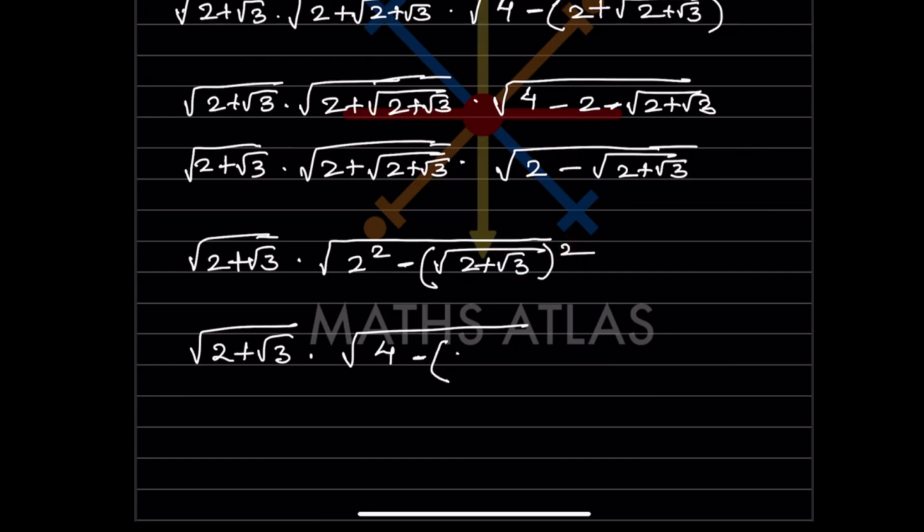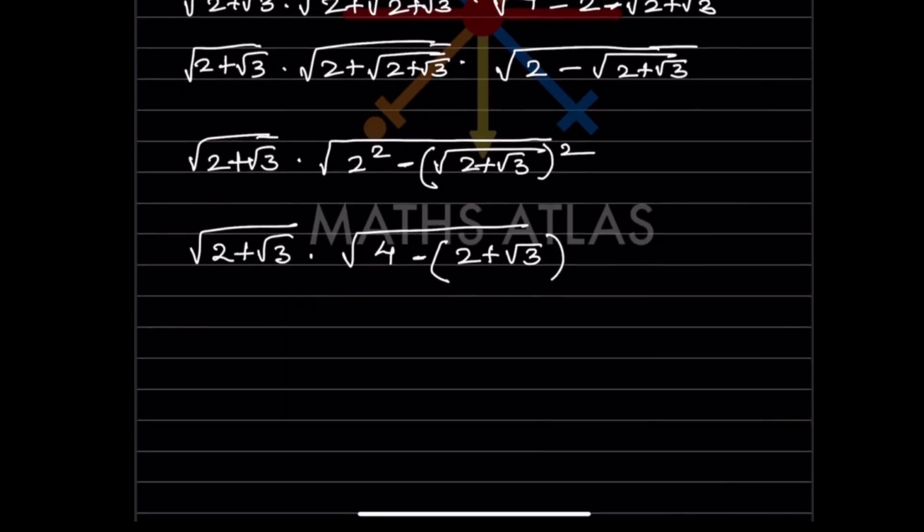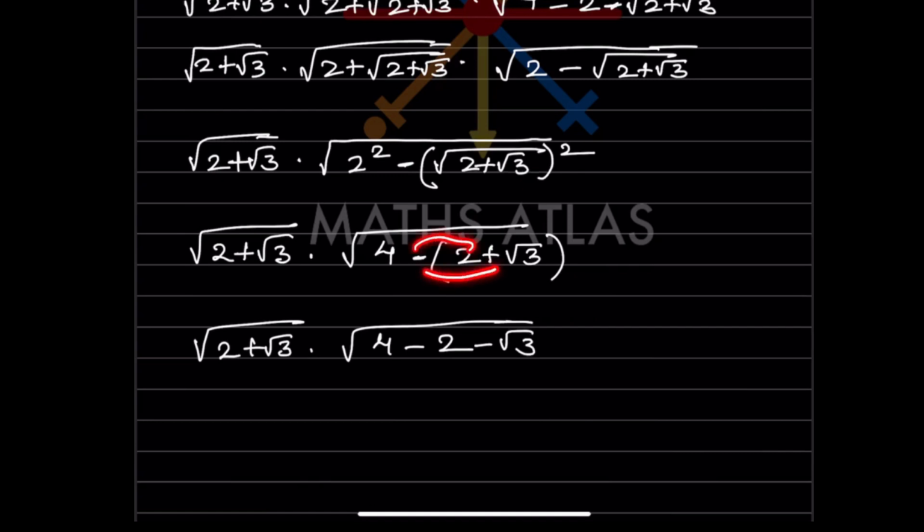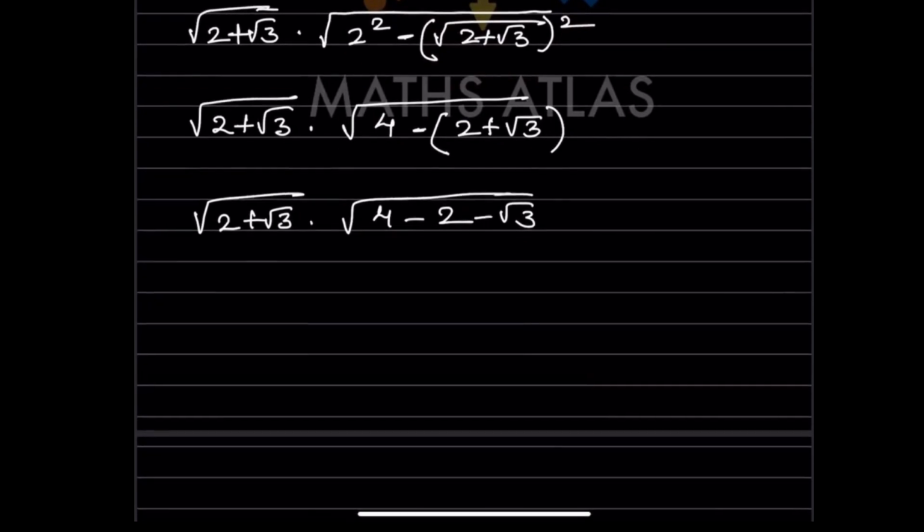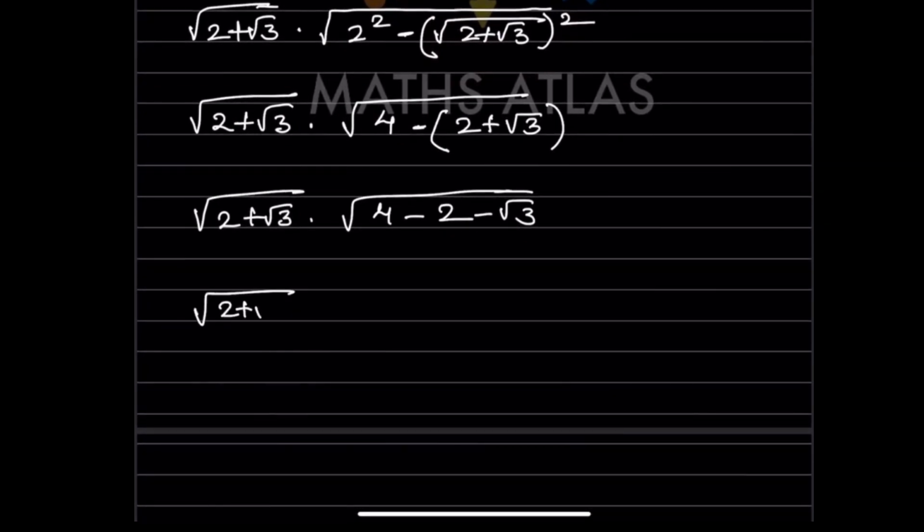So it should be 2 plus root 3. So now let us write this one, 2 plus root 3. And here what we can do, we can write it 4. Now let us remove the bracket, minus root 3. Because this part. So now let us write again. So what will be that? 4 minus 2 means 2 minus root 3.